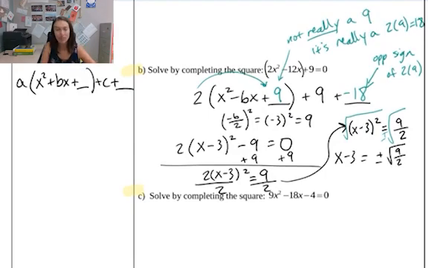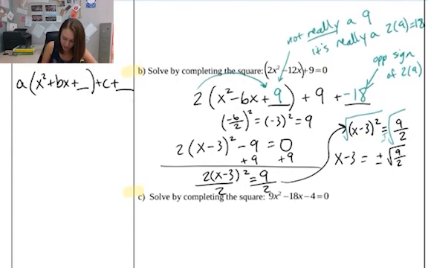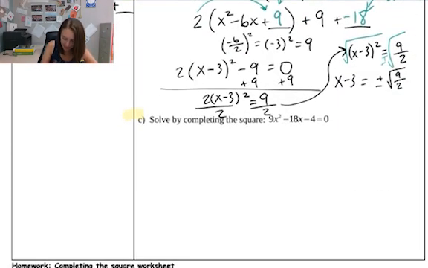Now we can simplify, and actually we have to simplify the square root of 9 over 2. We're not allowed to leave square roots in the denominators or fractions in square roots. So what we're going to do is a little bit more work here. I might have to bleed down into this other problem. X minus 3 equals plus or minus. First thing I can do is split those square roots up, because the square root of 9 is a perfect square, and I can make that into a 3 over the square root of 2.